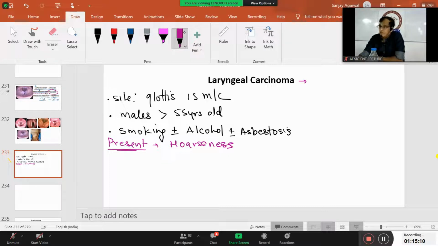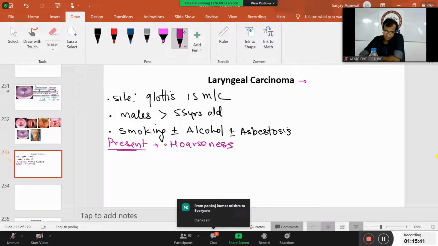It used to be believed around 10-15 years back. If you read old books, they say it is caused by HPV 16 and 18. But future research conclusively proved that HPV has no role in laryngeal carcinoma. Viruses do not cause laryngeal carcinoma. Please make a note of this. If you read old books or old question papers, it might be there, but that is wrong. Not anymore.